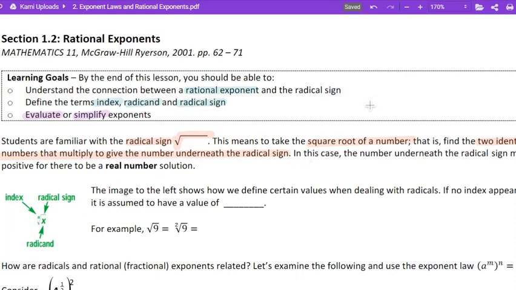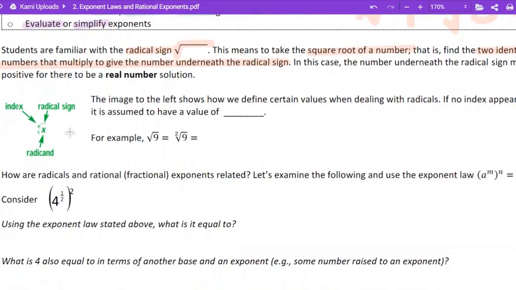So if we had the square root of 9, we said, oh, 3 times 3 equals 9, so the square root of 9 is 3. In this case, a number underneath the radical sign must be positive for there to be a real number solution. So this 9 has to be positive.